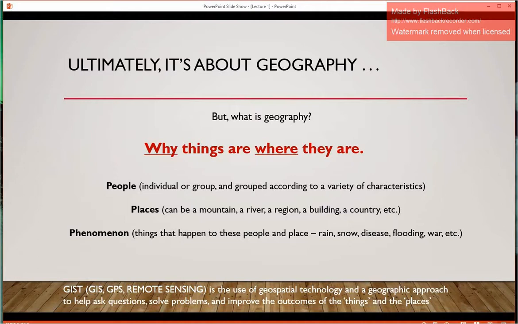So we want to know why people, places, and phenomena are happening where they are. And it can be all three, it can be two, it can be one thing. We just want to understand why things are happening in the way they are. And GIST, which includes GIS, GPS, and remote sensing, is the use of geospatial technology and a geographic approach to help ask questions, solve problems, and improve the outcomes of the things and the places.